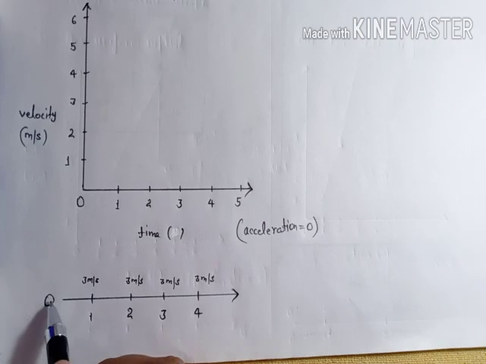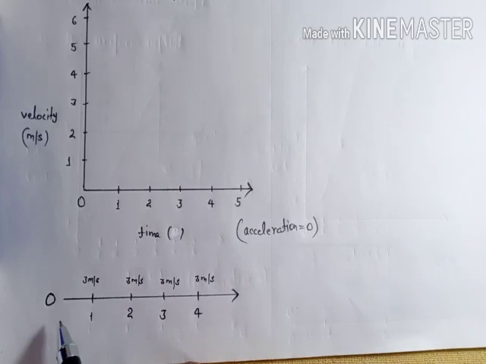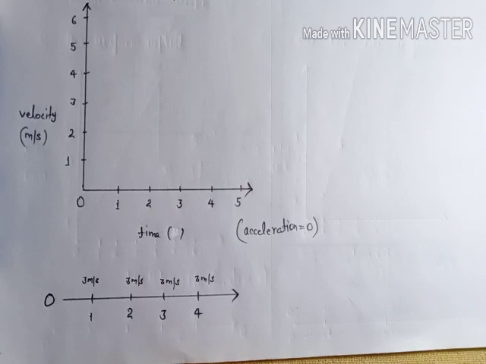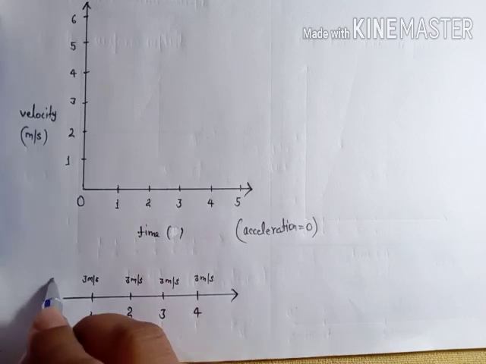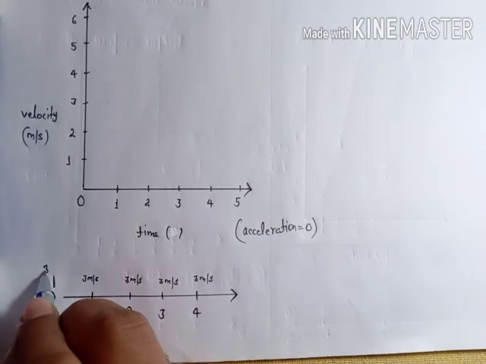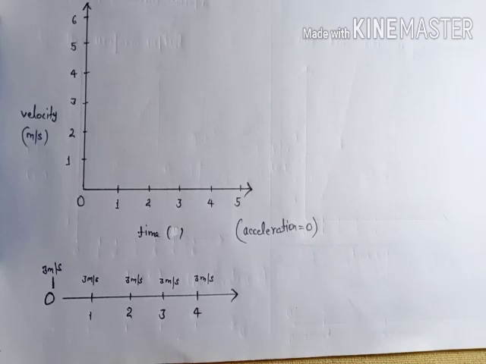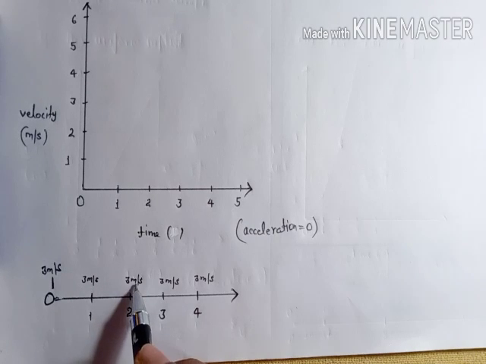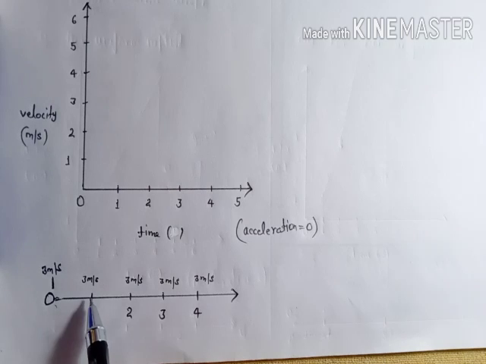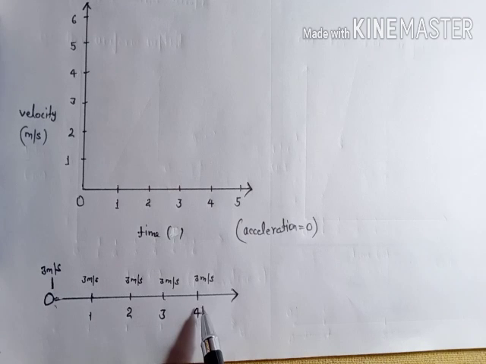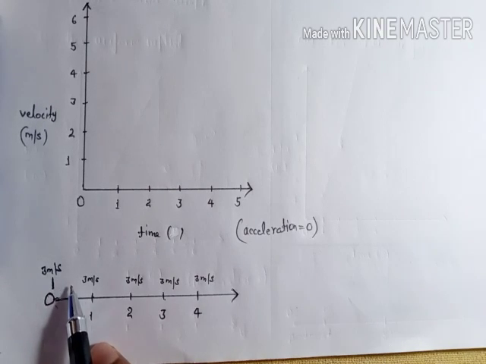You can see, when we start counting the seconds, the body has 3 meter per second velocity, and after 1 second the body has the same velocity, 3 meter per second, and after 1 more second the body has the same velocity. For all instants of traveling it has the velocity 3 meter per second.